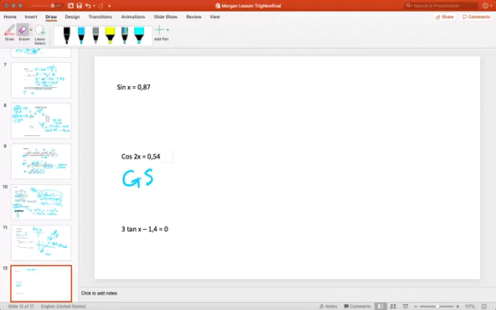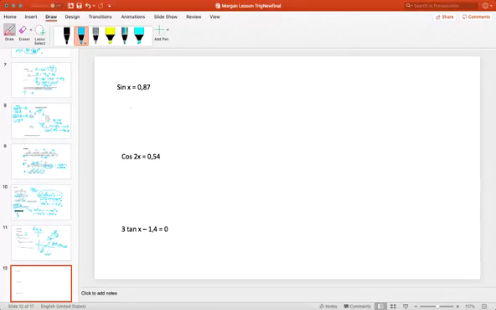So let's go through those steps again. We first find our reference angle. Then you substitute the reference angle into the general solution. Once you're in the general solution, then you can solve for x.